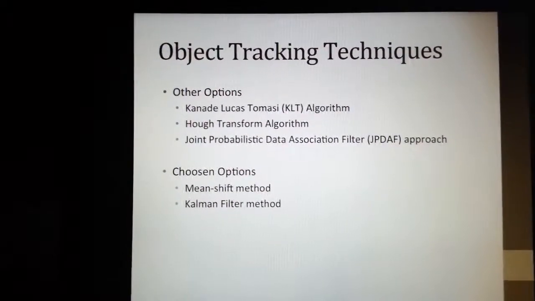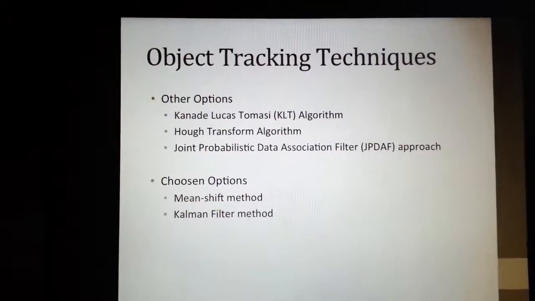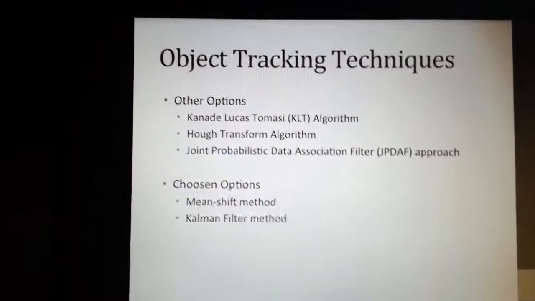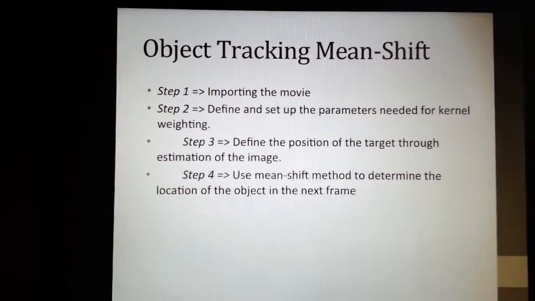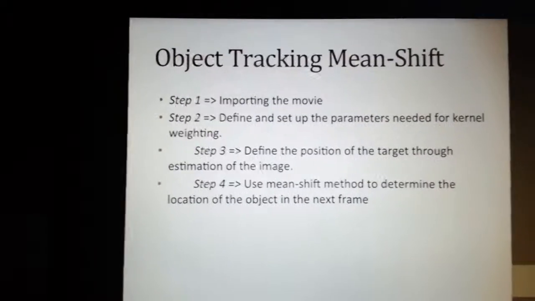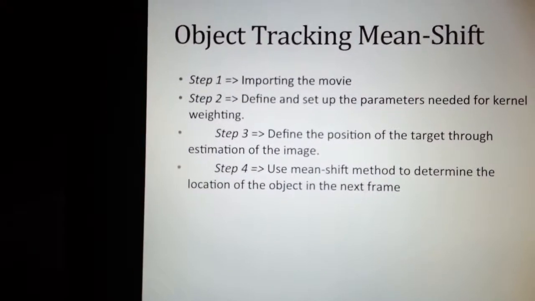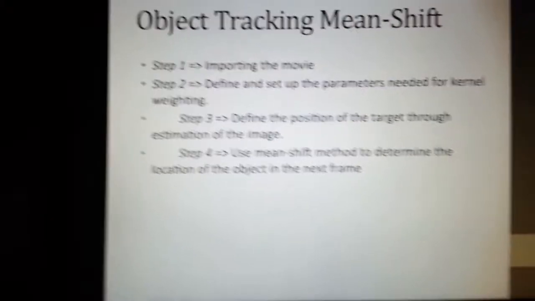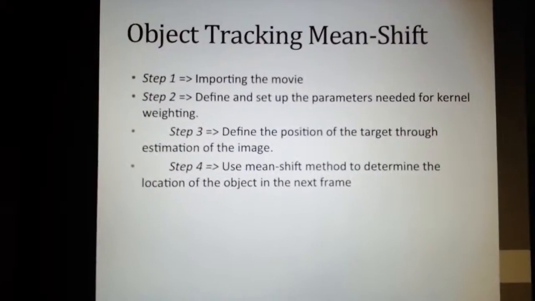So first off, let me give you a step-by-step process of the methodology for implementing these methods for object tracking. First, we'll go through mean shift, then we'll touch on Kalman filters. For mean shift, the first step is the most important, which is importing the movie.